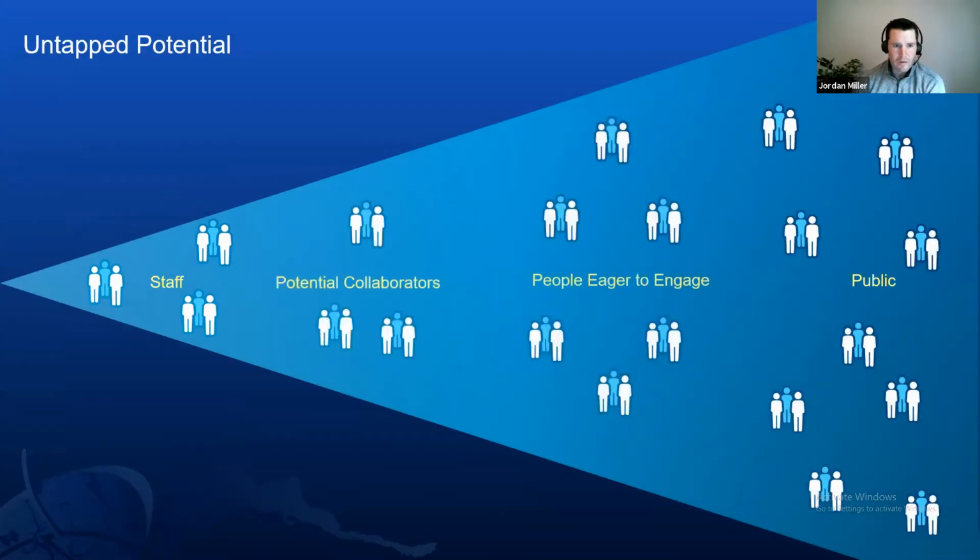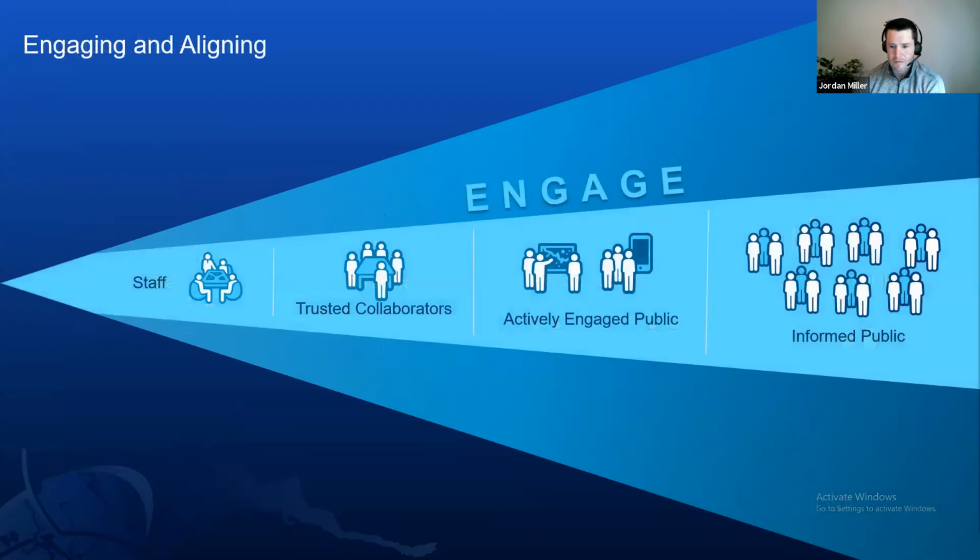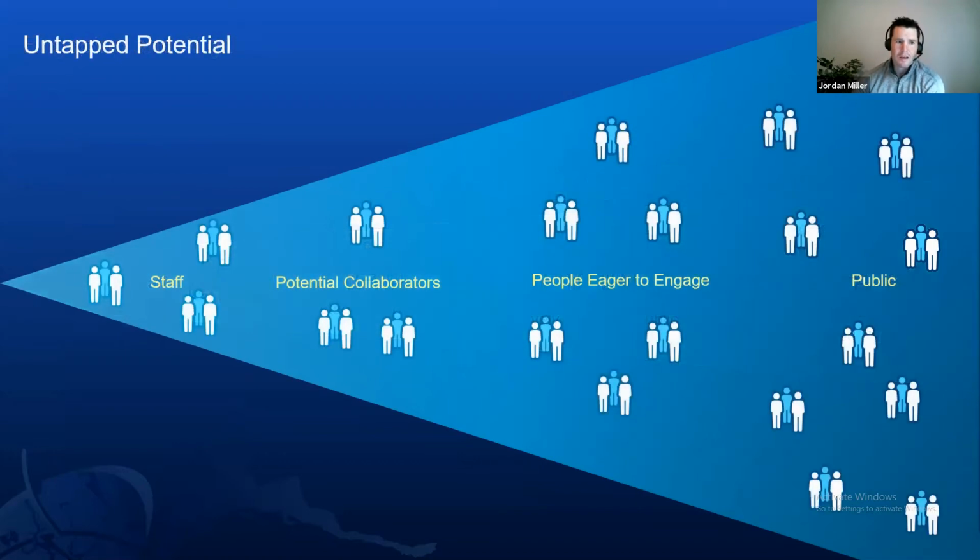The way we can organize this is to think about our audience as a wide spectrum of people out there who might have different interests, might be curious about different things, and might interact with our organizations, whether at the city, county, village or township level, or might even be our internal staff.